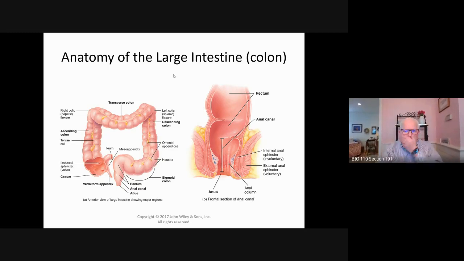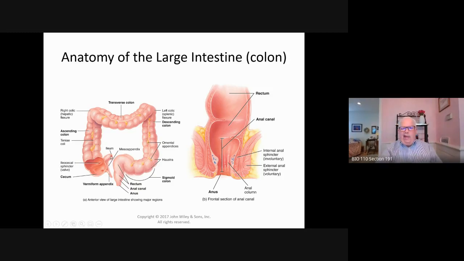All right? So now we go from the small intestine into the large intestine. Okay? There is a valve that regulates the amount of chyme that gets into the large intestine.